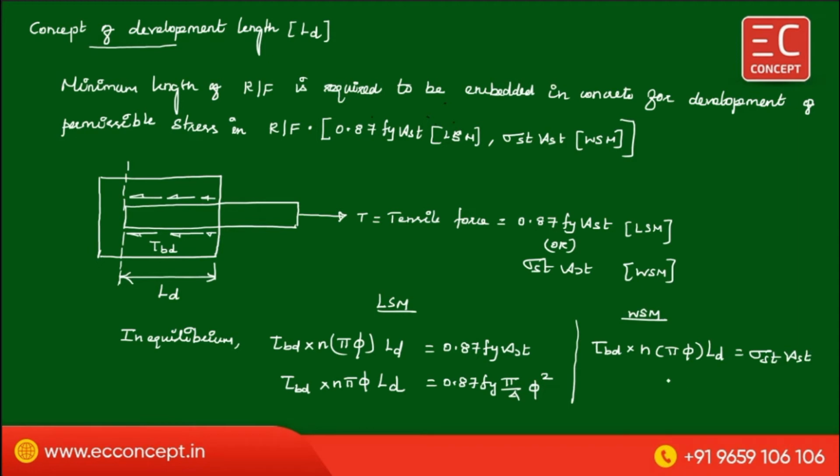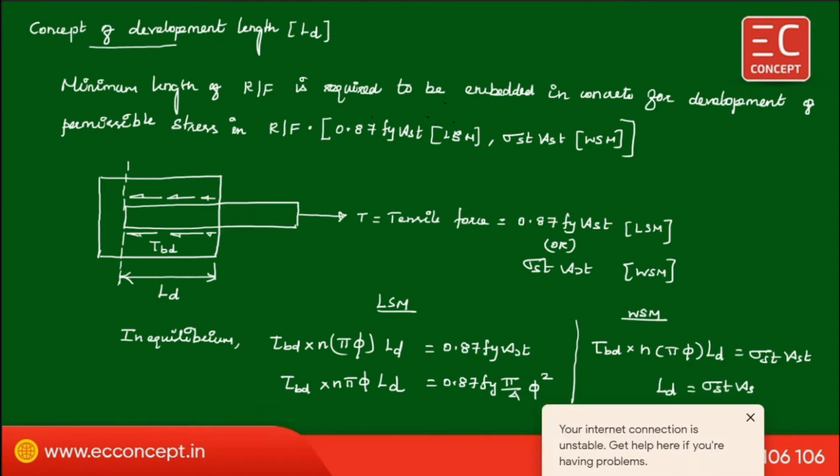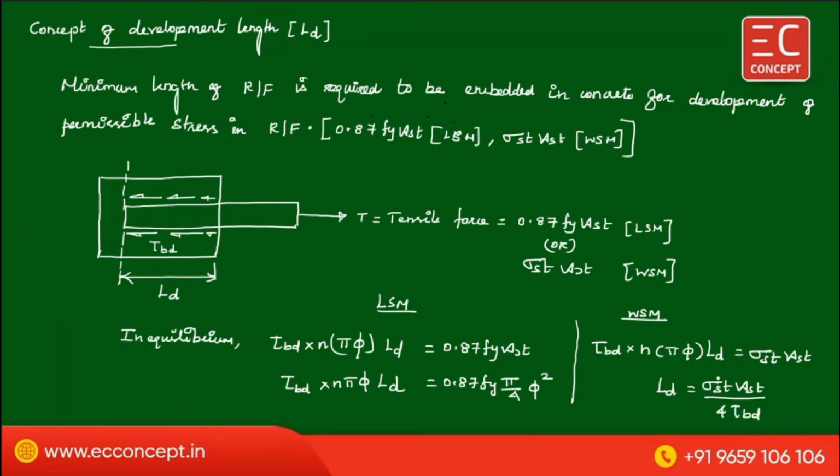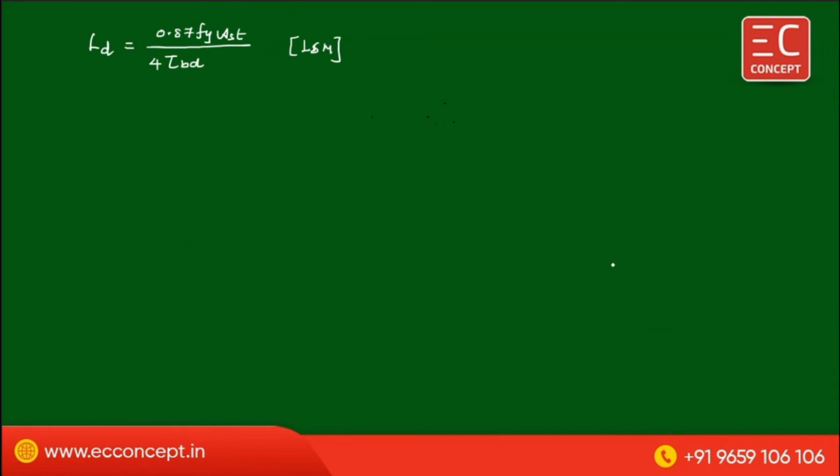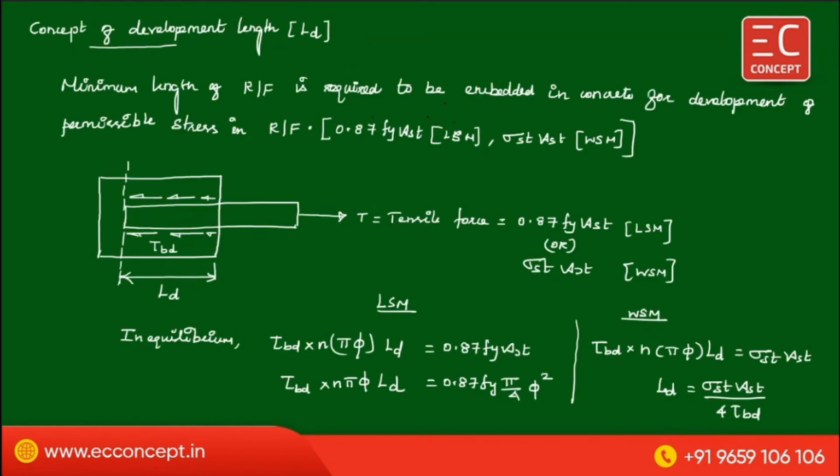In a similar manner, if you do it, then LD you will get is sigma st phi divided by 4 tau bd. Here only sigma st, but there 0.87 Fy. This is the permissible stress in limit state, and this is the permissible stress in working stress method. Understood? So this is in working stress method.